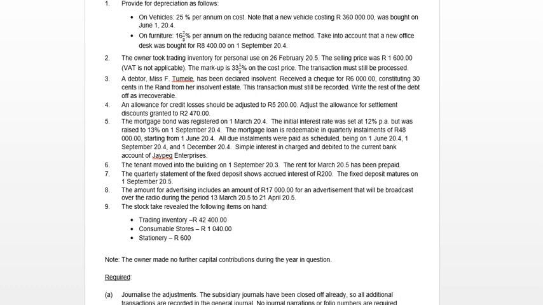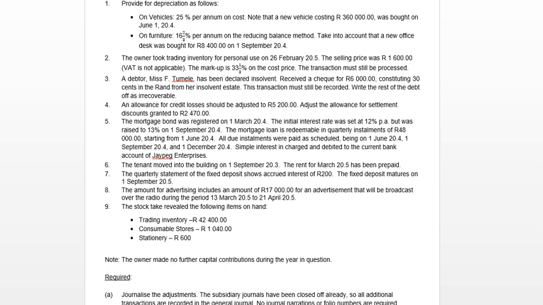so then the next one, and this is actually quite a tricky one, is our mortgage bond. Okay, so let's read this statement and then fill in all the information that we have. So firstly, we've got a mortgage bond that was registered on the 1st of March 2004, so in other words, the beginning of our financial year.